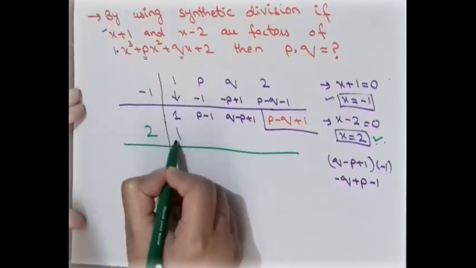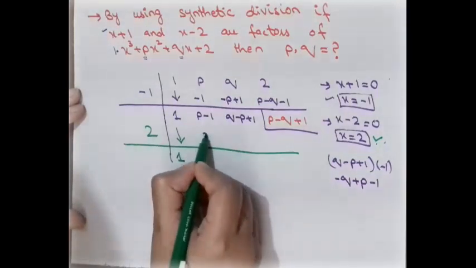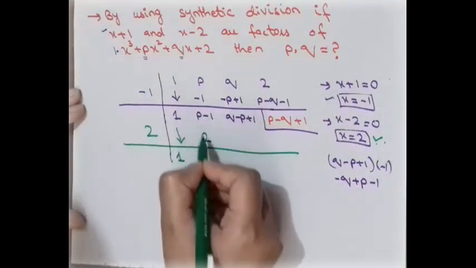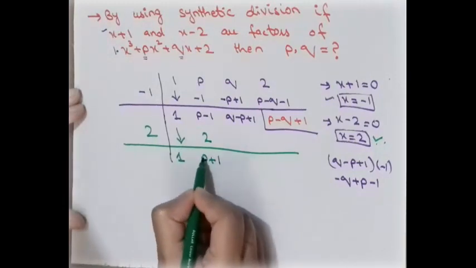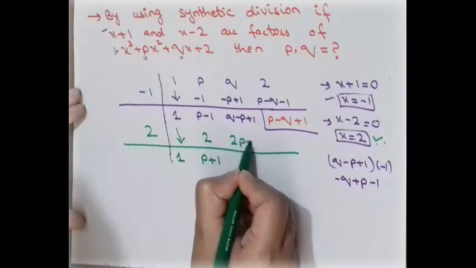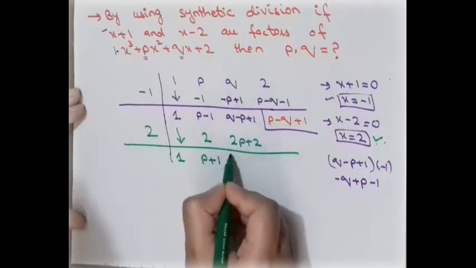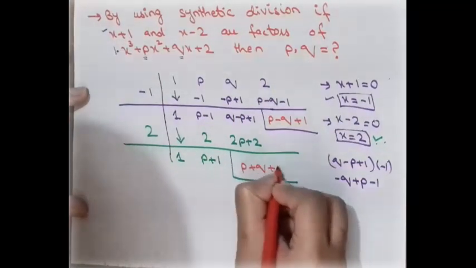The step is to drop the first element and multiply these two elements by positive 2, and add these two numbers, so we will get p plus 2, and here is again a number, multiply with this divisor, so we will get 2p plus 2. Now add these two numbers, what will we get? 4p plus q plus 3.